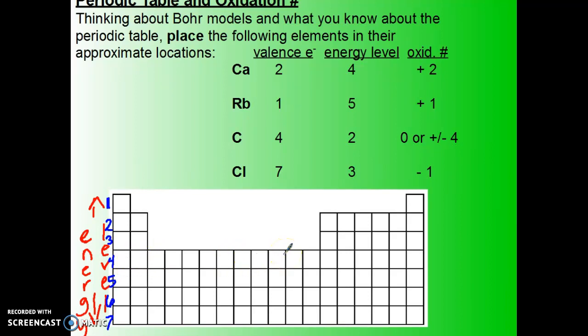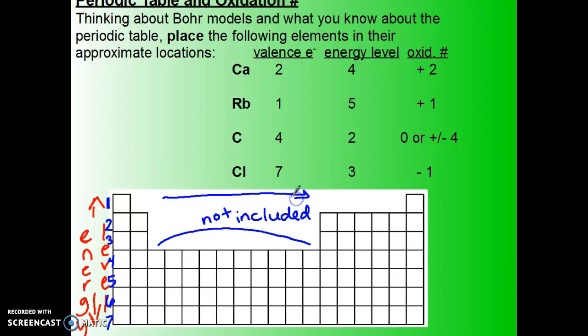All right, so since it has 2 valence electrons, we can actually figure out what column it belongs in, because for everything except for what we'll later learn is called the D block of the periodic table, the columns represent the valence electrons.